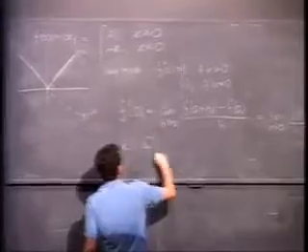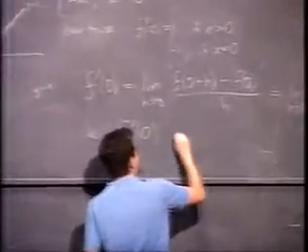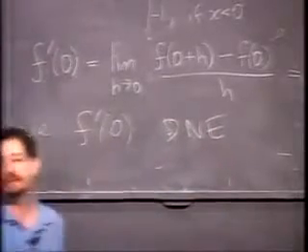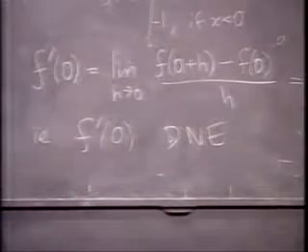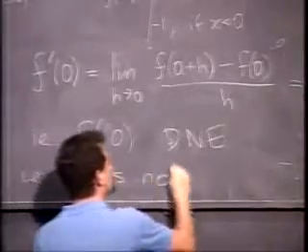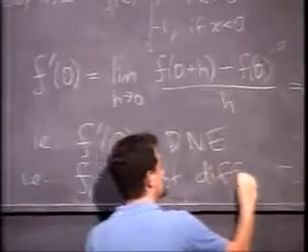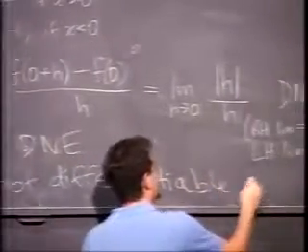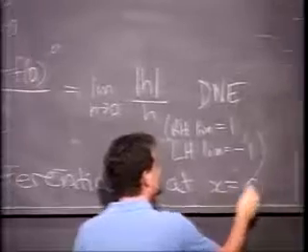So f prime of 0 is not defined, or does not exist. 0 is not in the domain of f prime. So another way of saying this is f is not differentiable, cannot be differentiated at x equals 0, but it is differentiable everywhere else.